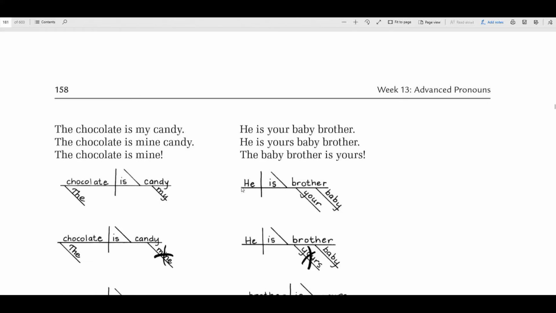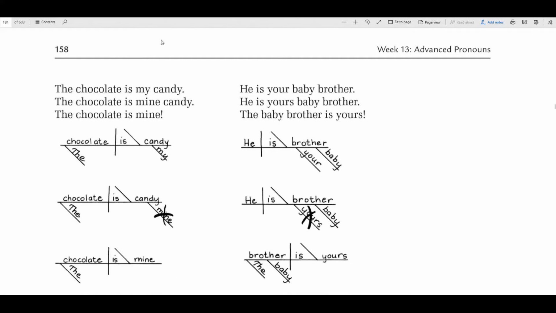All right, let's see how they did these here then. The chocolate is my candy. That chocolate is, now this is a linking verb or state of being verb, so that means no direct object. It means you look for a predicate adjective or predicate nominative. Okay, chocolate is what? Candy. That would be your PN.